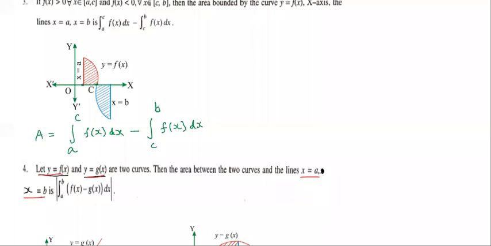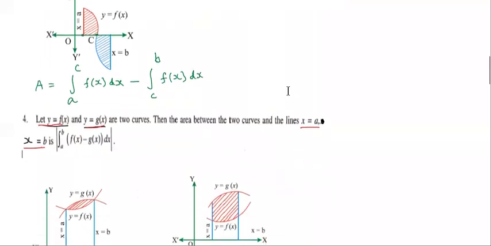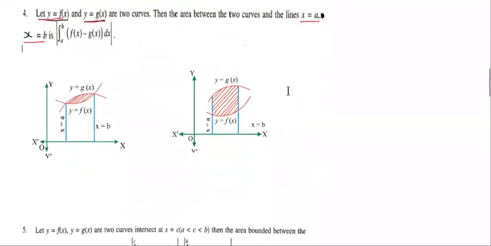In between the two curves and two lines, we need the area. See here, there are two types of diagrams. The two curves are like this, intersecting at x is equal to a and x is equal to b. Now, observe clearly the upper curve and the lower curve.